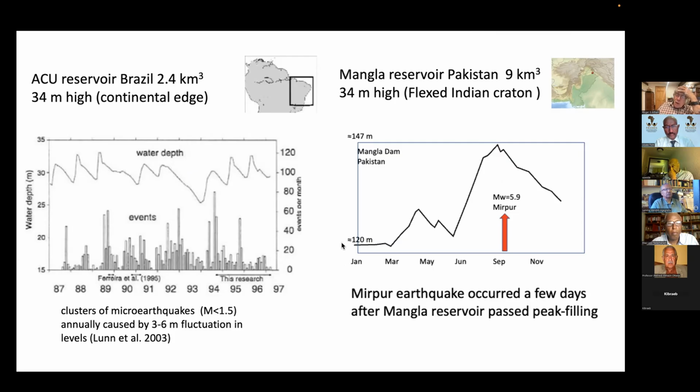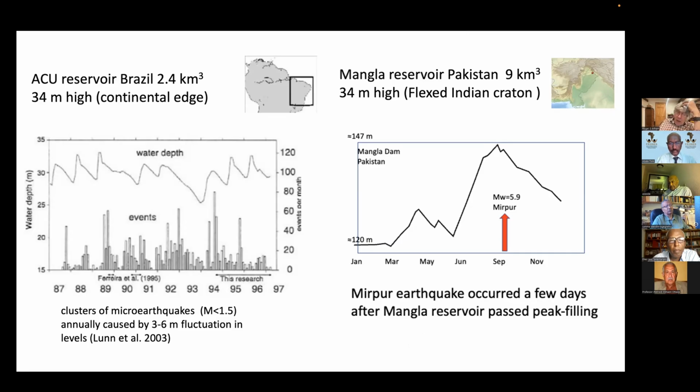When the reservoir was initially built in the 1960s or so, there weren't very many induced earthquakes. But when they raised the level about 5 years ago to a new height, just after that maximum height occurred, the lowering in the level produced a 5.9 earthquake. Now, this is actually a lot more serious. It killed a few people.